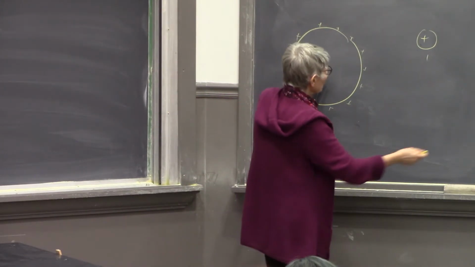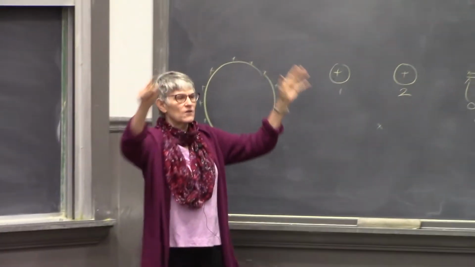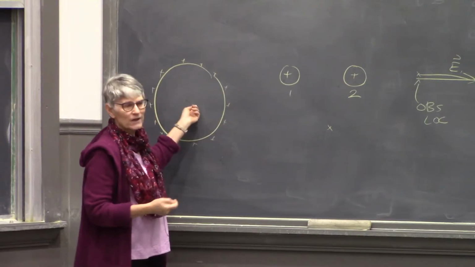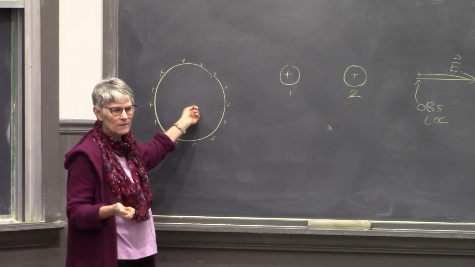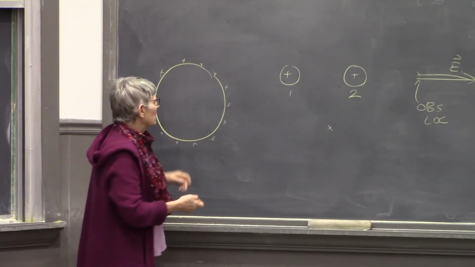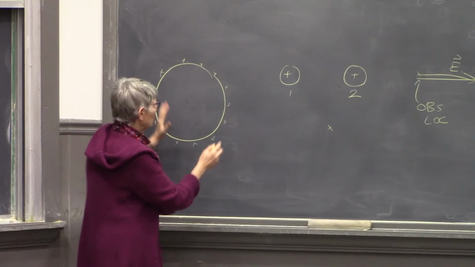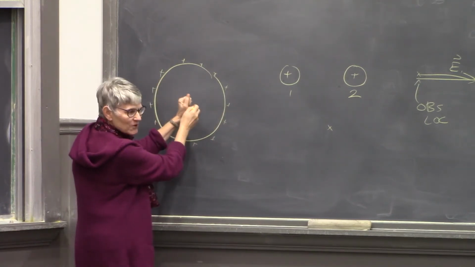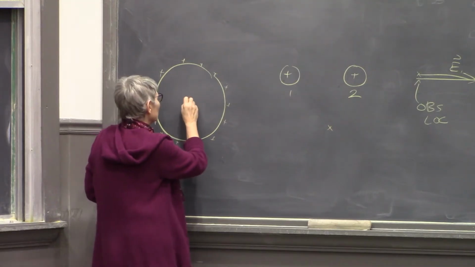The electric field somewhere out here, due to a spherically symmetric object, and I'm drawing it in cross-section, of course, this is supposed to be a cross-section of a sphere, not a circle, is the same as if Superman came along and squashed our object down to a point, and all the charge was at a point at the center of the object.